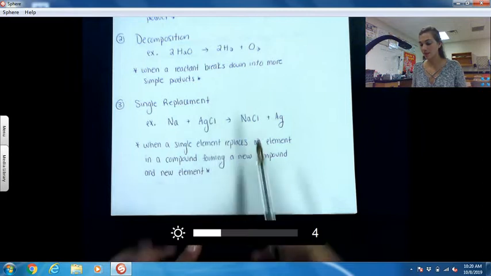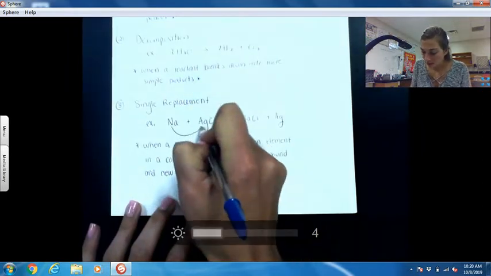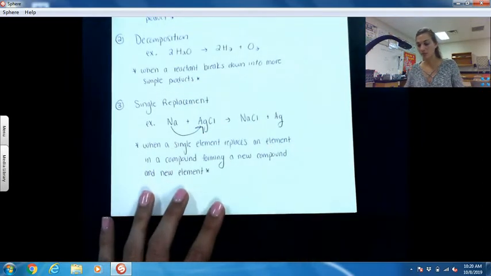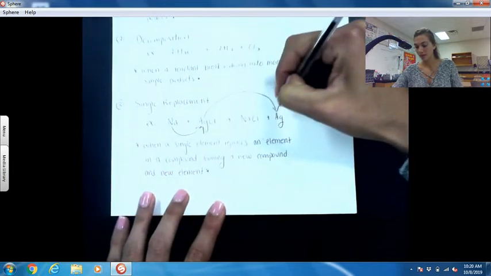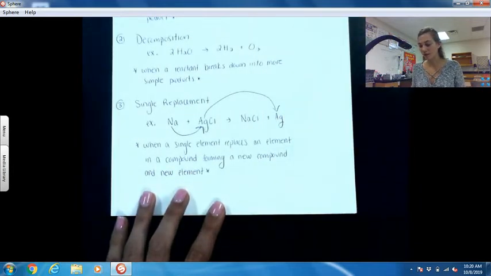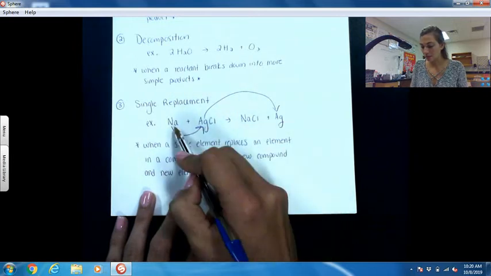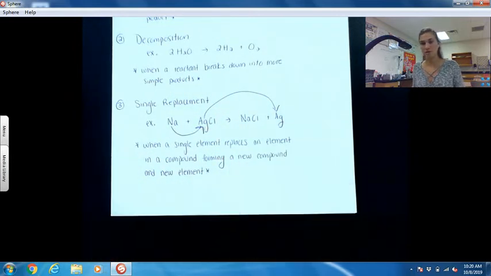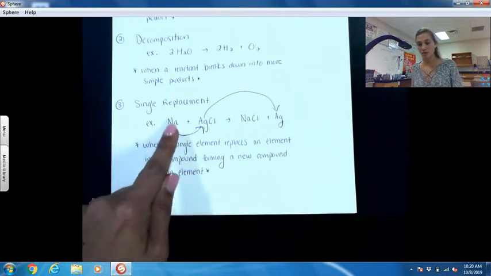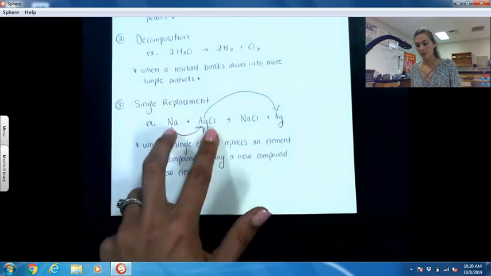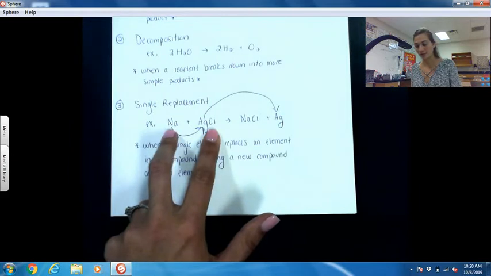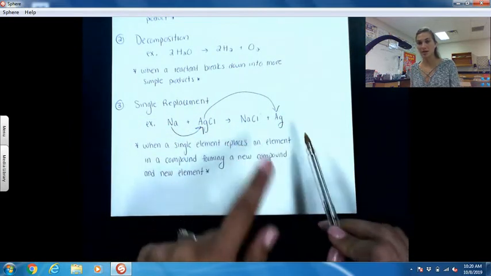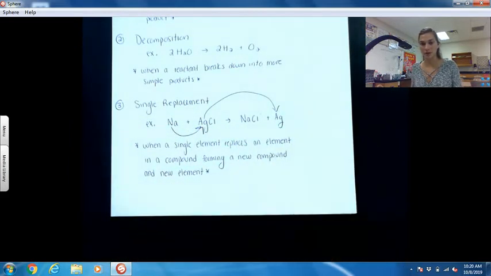So here, sodium is kicking silver out. So silver now becomes the element that's by itself, and sodium gets paired up with chlorine. So single replacement reaction, you have an element paired with a compound on your reactant side, and on your product side, you have a new compound and a new element.